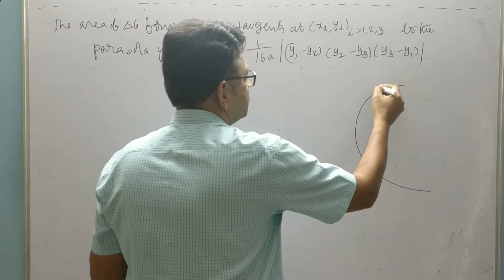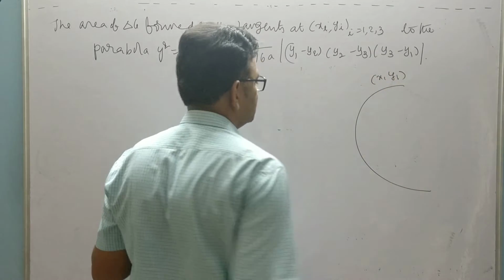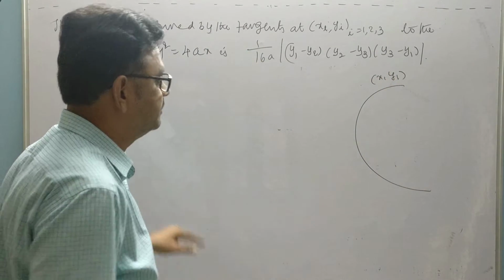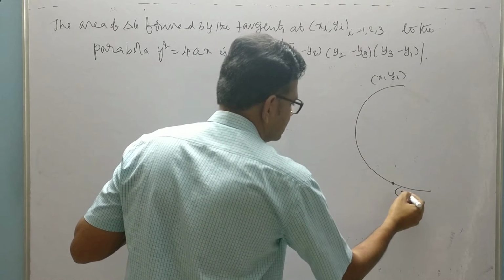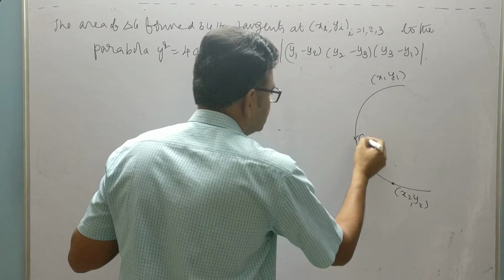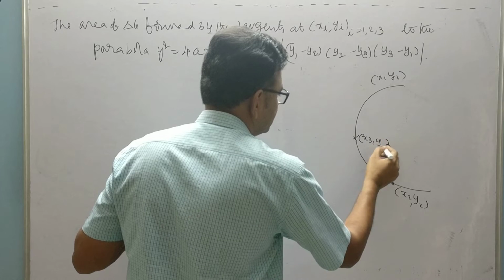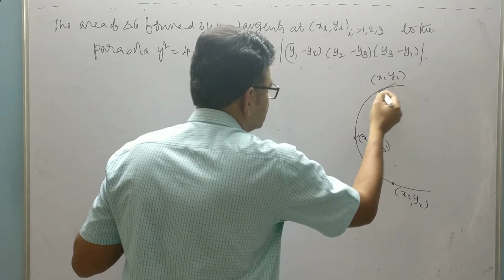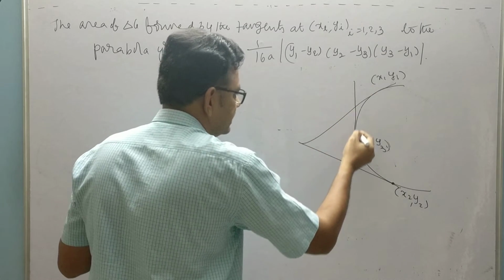See, this point is x1, y1, and this point is x2, y2, and the third point is x3, y3. So this is a tangent and also this is a tangent.